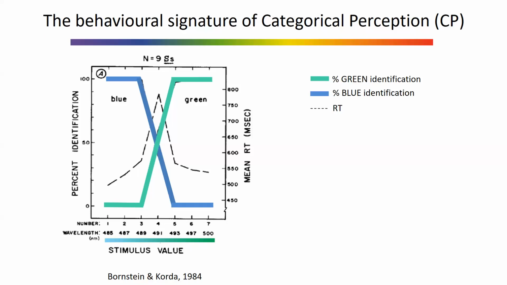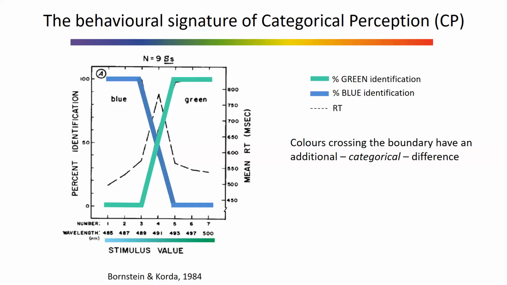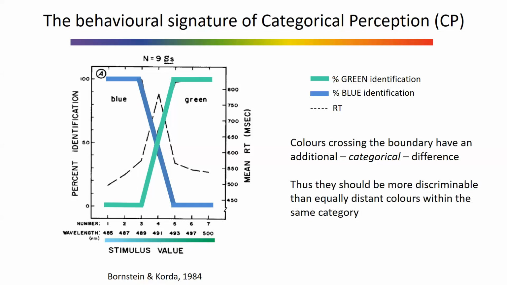So colors cross, the question here is what happens for these colors that cross the boundary? You would think that they have an additional categorical difference. So if we think about colors 3 and 5, in this example, which cross the boundary, colors 3 and 5 intuitively should seem more discriminable than equally distant colors that belong to the same category, such as colors 1 and 3, because they don't just have the same quantity in terms of whatever perceptual measure they're using here.